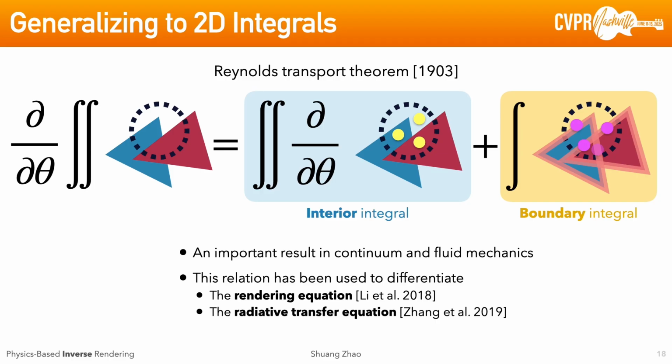It states that, in general, the derivative of a 2D integral equals an interior term, which is obtainable via automatic differentiation, because all you need is to differentiate the integrand. However, there's a boundary term that you have to introduce that captures all the discontinuities.